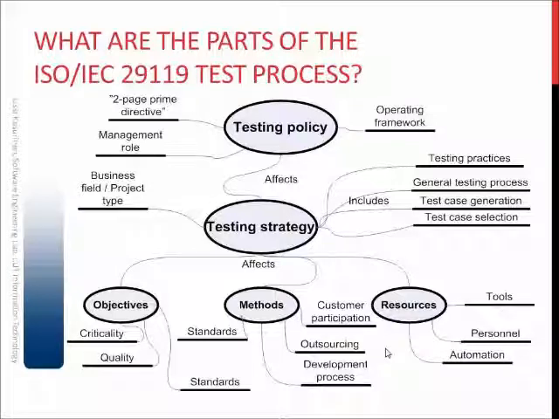So, conclusions. I've been talking about testing work for 2 lectures now. The 29119 is a generic process model which more or less fits all the different software testing needs.